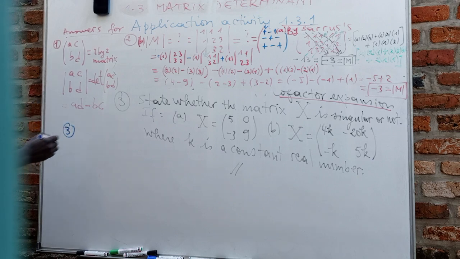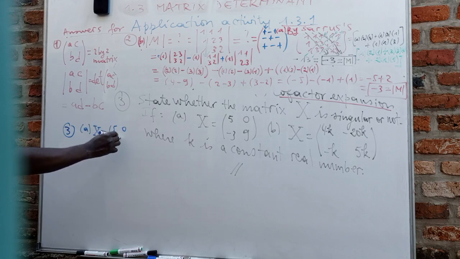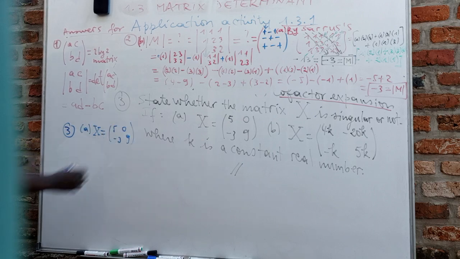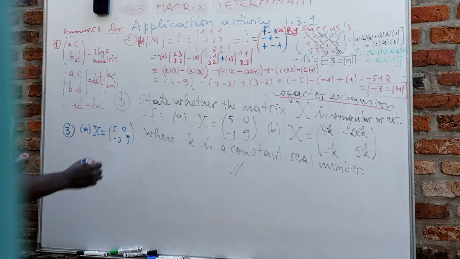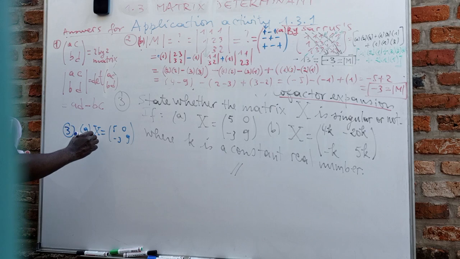Answer for number 3. We have matrix X equal to 5, 0, minus 3, 9. In order to check whether it is singular or not, we calculate the determinant of this matrix.